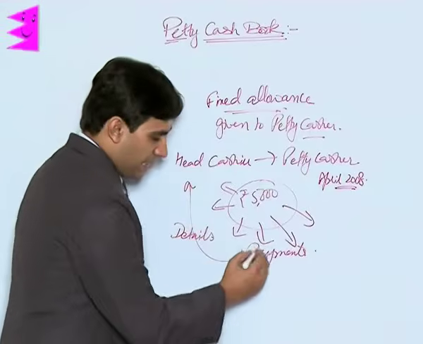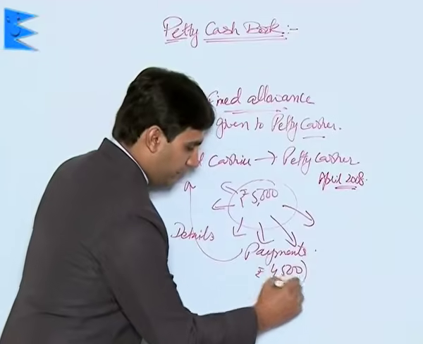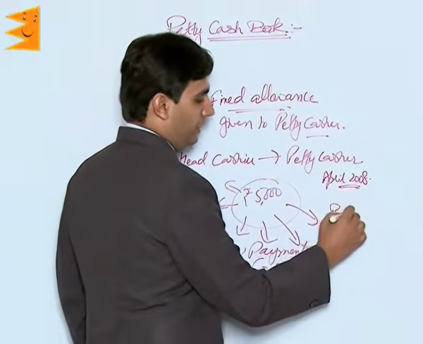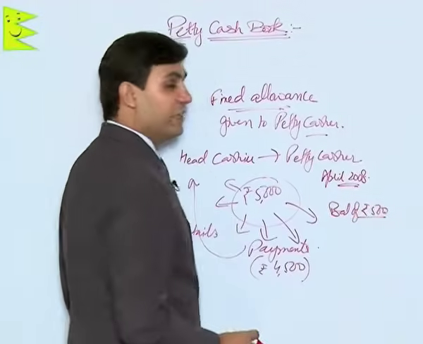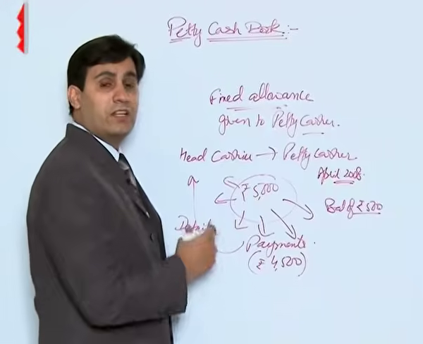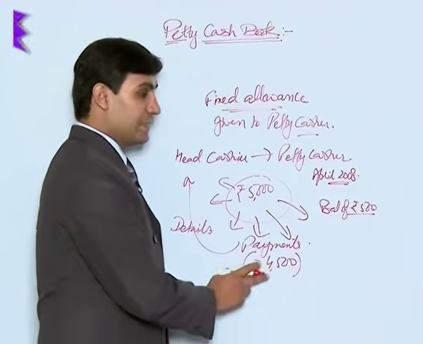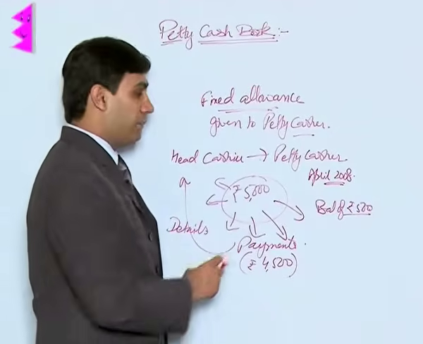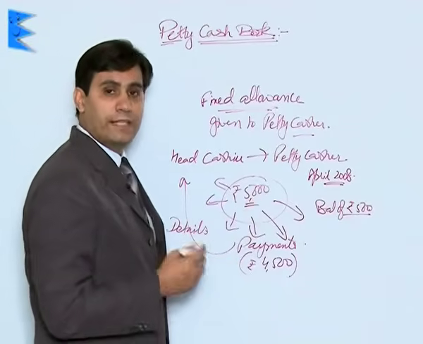Let us take an example again. Let us say payments of 4,500 have been made. So he will have a balance of rupees 500 in hand. After verifying everything, the head cashier will again pay him an amount equivalent to the expenses that have been made. That is, he'll make sure that the petty cashier has a balance of 5,000 for next month.